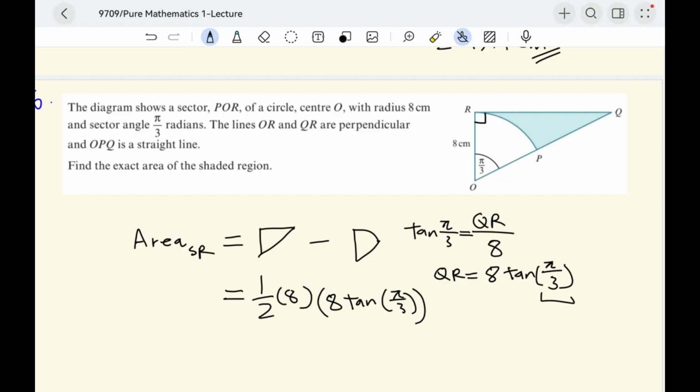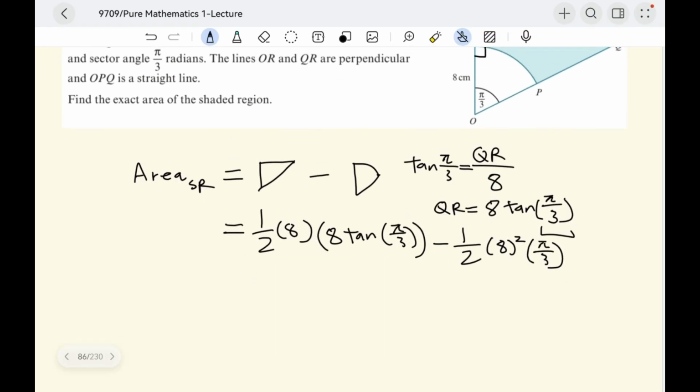The question wants you to find the exact area of the shaded region, right? Minus the area of the sector, which is half r squared theta. So what is the exact value of tangent pi over 3? As you convert pi over 3 radians into degrees, it is 60. So what is tangent pi over 3, which is root 3?